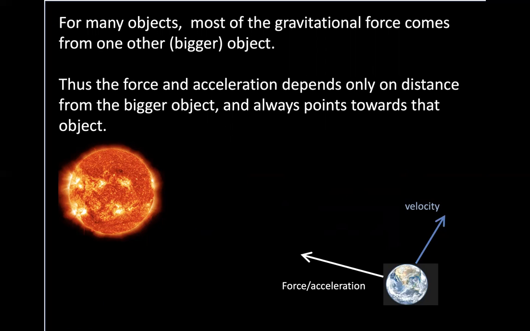The change in motion, the change in the velocity direction, always points towards the sun. And that force gets stronger if the object gets closer to the sun. Now, this is true for basically most objects in the solar system, be they planets, asteroids, or comets.